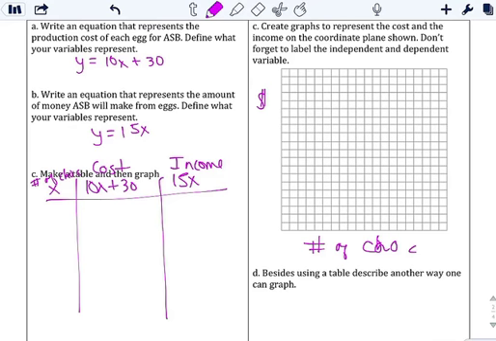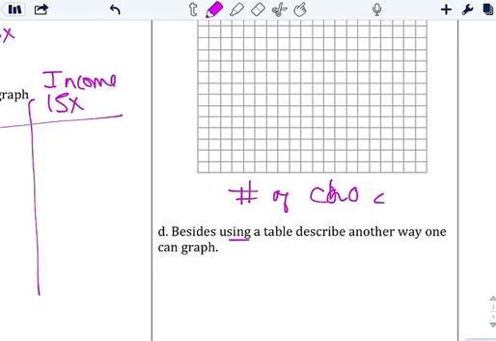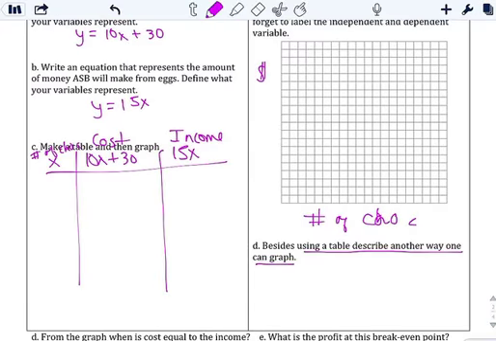Now the question is, besides using a table, describe another way one can graph. Besides using this table, what is one way? I've taught you over and over how to graph. I rarely ever use the table. Jade, what's another way? Rise over run.